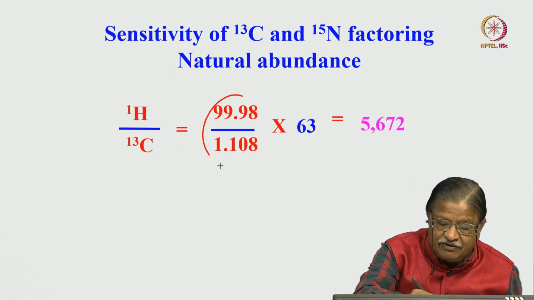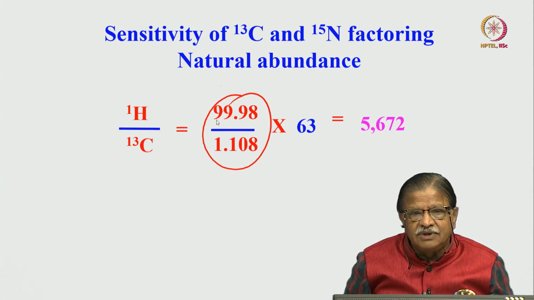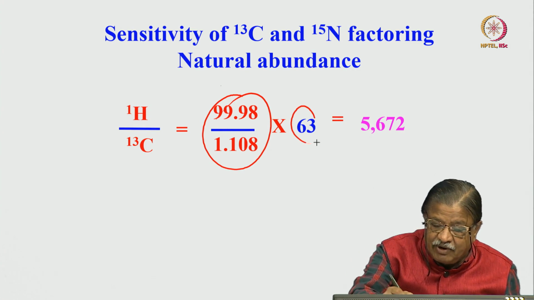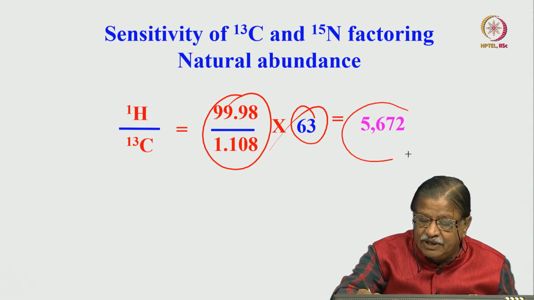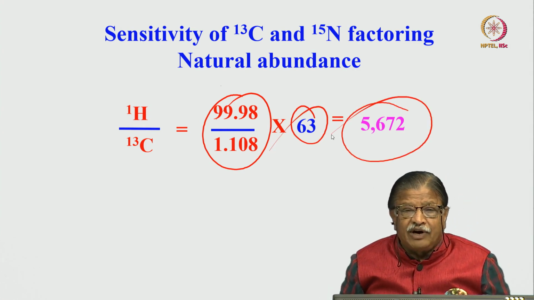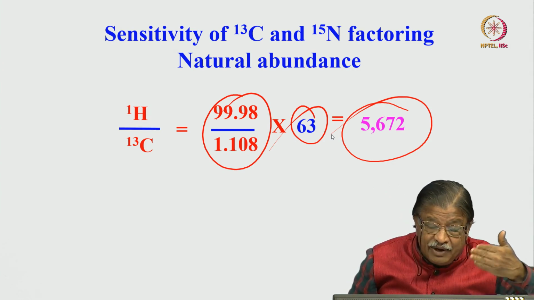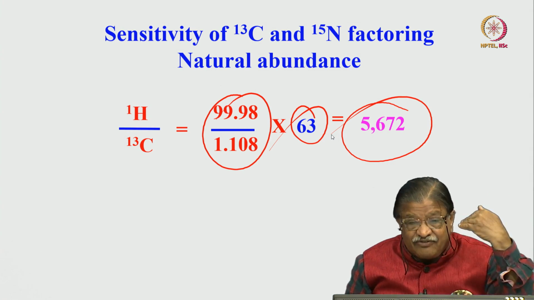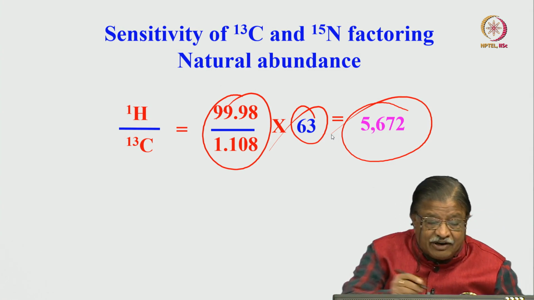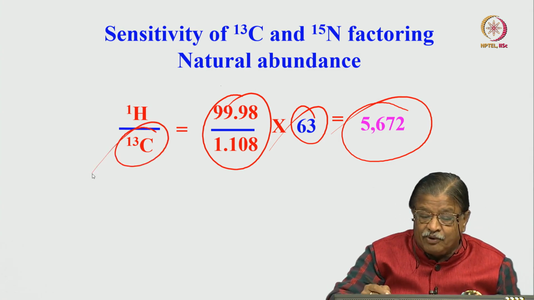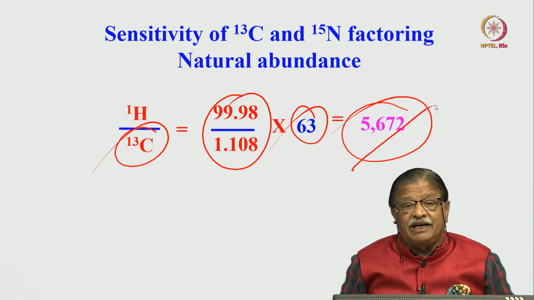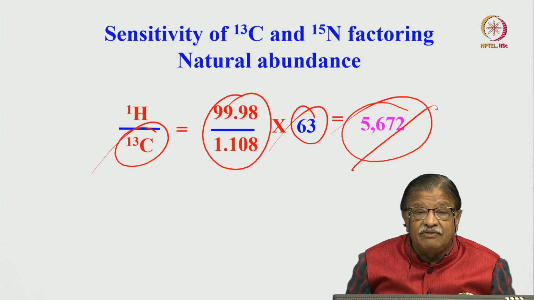Now this ratio was known, 63 is what we calculated, and if you do that, it turns out to be 5672. Remember, if I bring natural abundance as a factor, the detection of carbon 13 compared to proton is nearly 5700 times less sensitive. It takes more time.